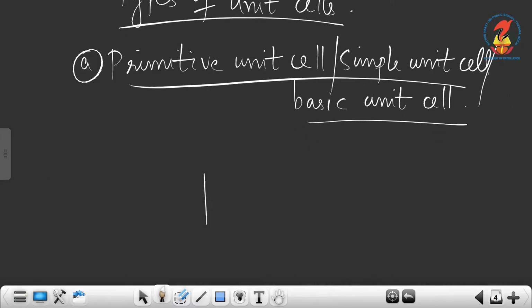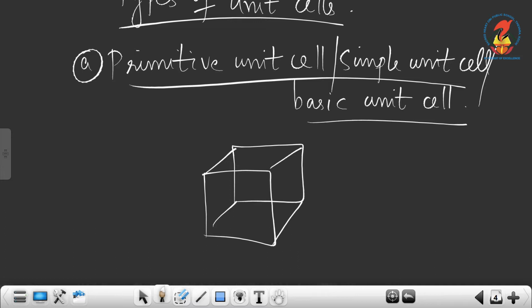I'm going to show a cubic unit cell. Now, if this is a primitive unit cell, then the constituent particles are present only at the corners. So we have the constituent particles present at 8 corners of the cube. So this is our simple or basic or primitive unit cell.